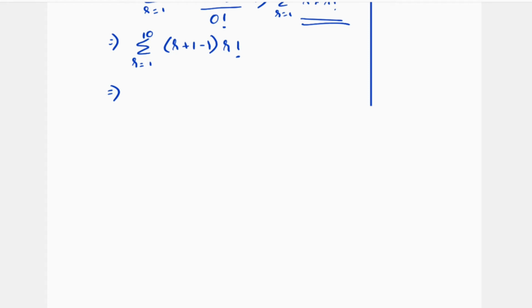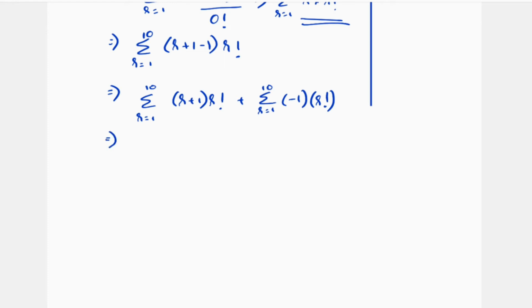Now if I multiply separately, summation r equal to 1 to 10 of r plus 1 into r factorial, plus summation r equal to 1 to 10 of minus 1 into r factorial. This gives me the sum of two separate expressions.